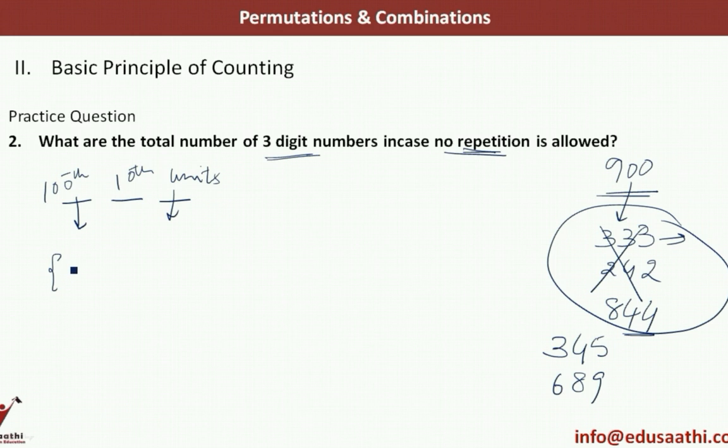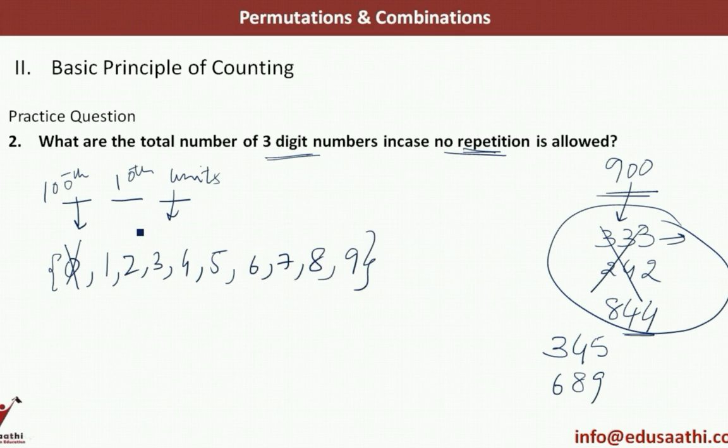I cannot have 0 here, because if 0 turns up, this number ends up being a 2-digit number. So any one of 1, 2, 3, 4, 5, 6, 7, 8 or 9 can figure in this hundreds place. So for the hundreds place I have 9 ways. Except 0, any of these digits can turn up.